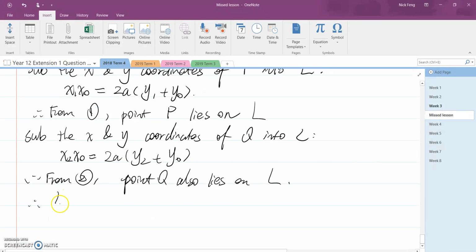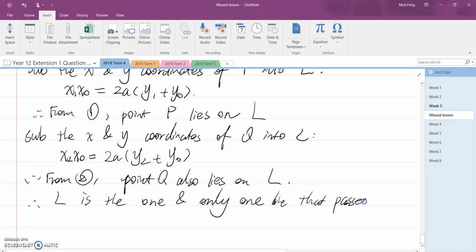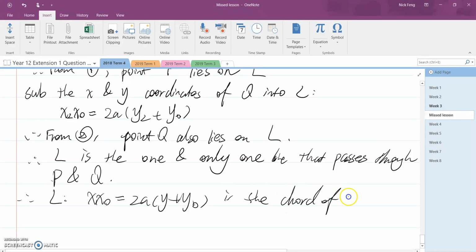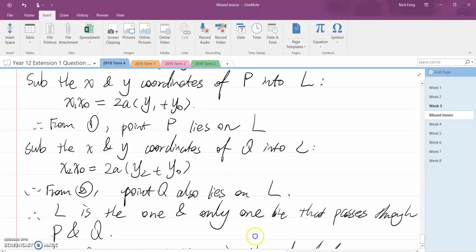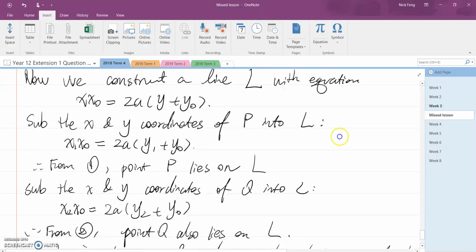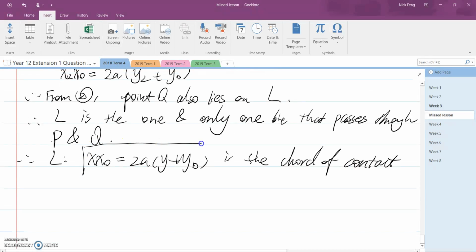So therefore, L is the one and only one line that passes through P and Q. Therefore, L, which is x0 equals 2a(y plus y0), is the chord of contact, because that is the one and only one line that passes through P and Q at the same time. So that's it.